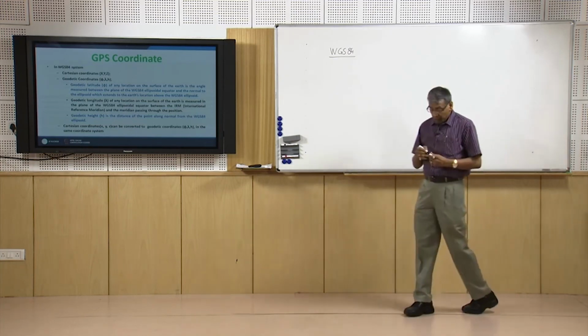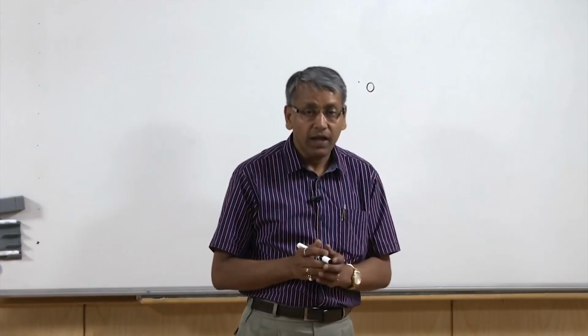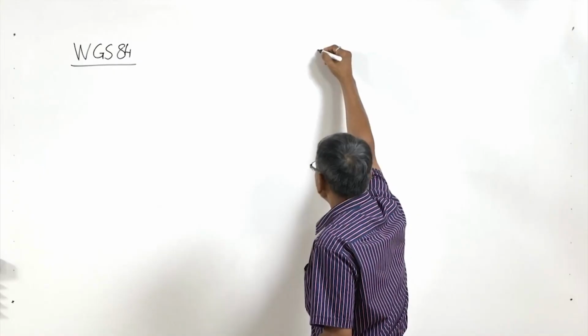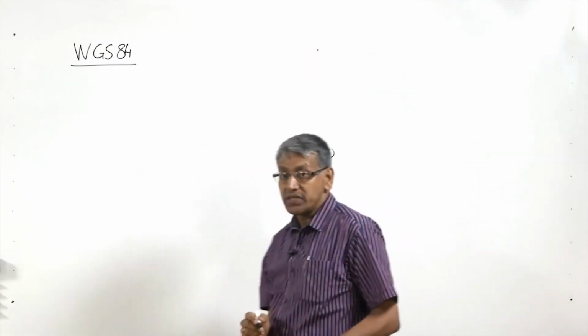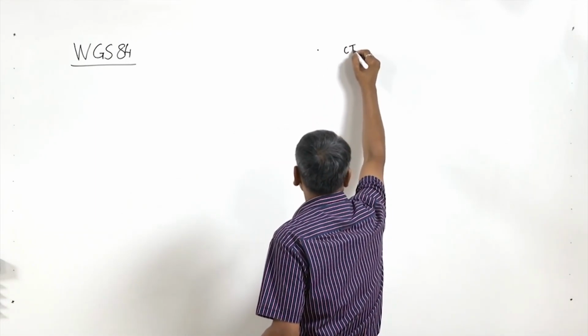And scientists have defined a position on the surface of the earth which is known as the conventional terrestrial pole.